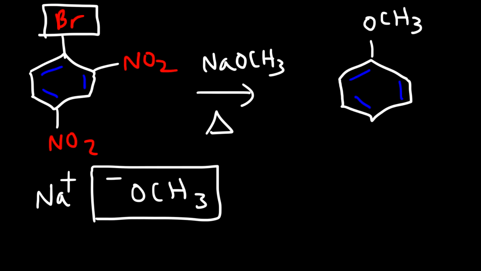But we have a nitro group on carbons 2 and 4 with respect to the OCH3 group. And so therefore this is called 2,4-dinitroanisole. So this is carbon 1, 2, 3, and 4. So that's the product for that reaction. Let's try one more example.